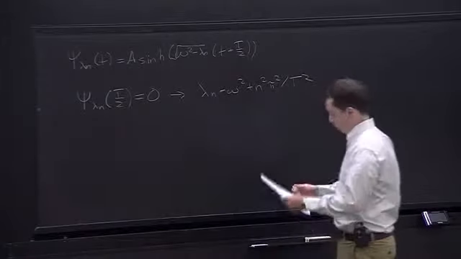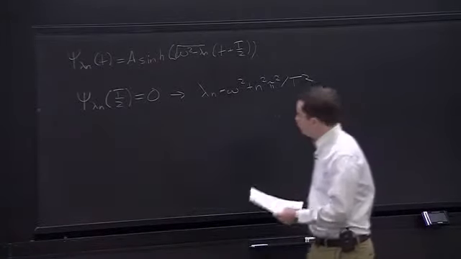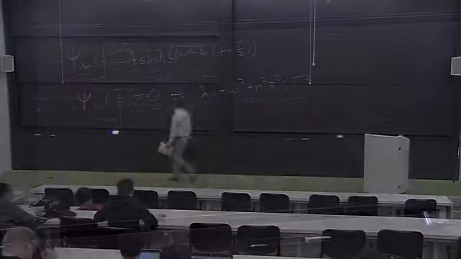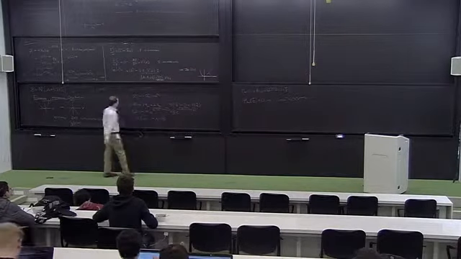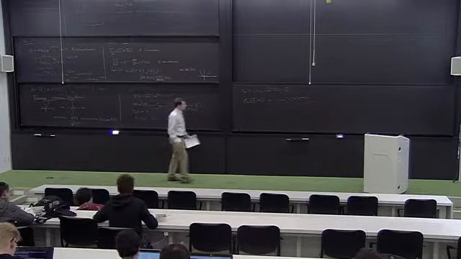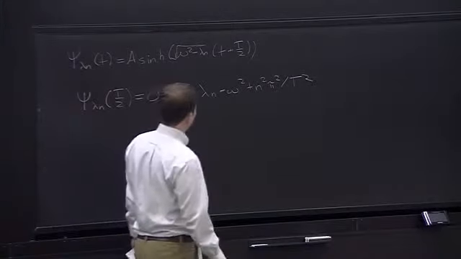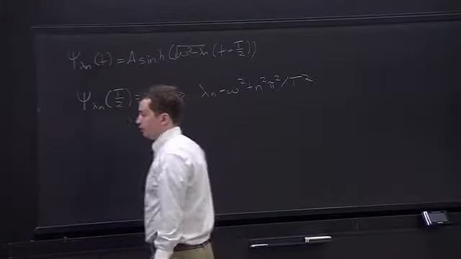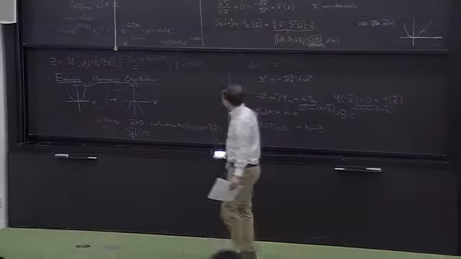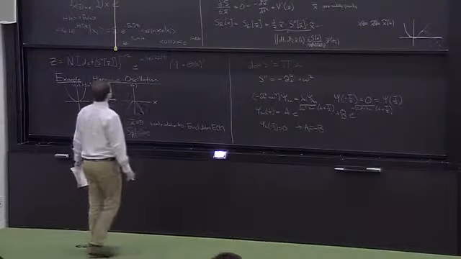Omega squared plus n squared. So we want to compute this product of all the eigenvalues, but there's one thing we haven't considered yet, which is the normalization of our path integral.